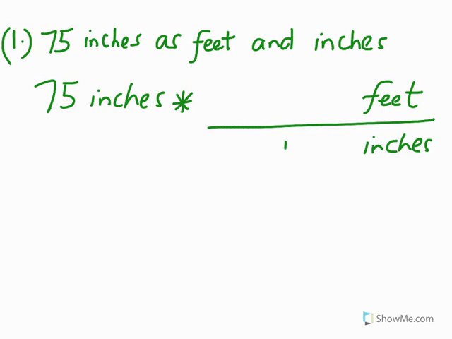And we understand that 12 inches make 1 foot. So inches will cross out inches. Now we have 75 divided by 12, which gives us 6.25.